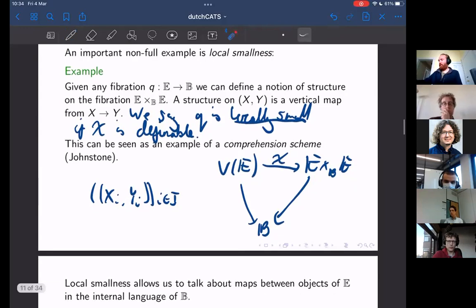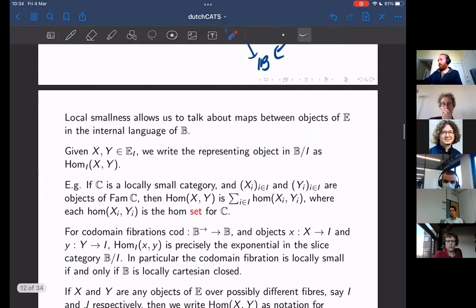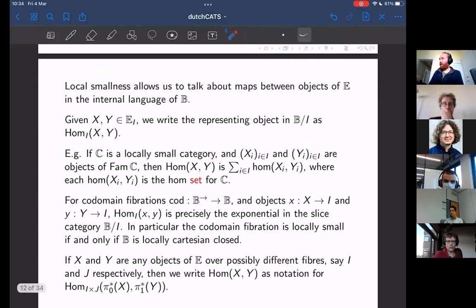Local smallness is saying that we have a way to talk about maps between objects of E in the internal language of B. This is very important because once we can talk about maps, then we can start doing category theory, and then there's all kinds of other stuff that we can define using category theory.